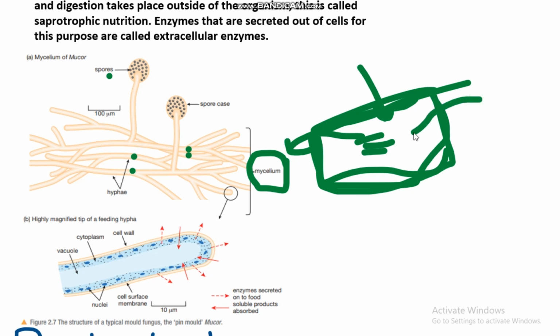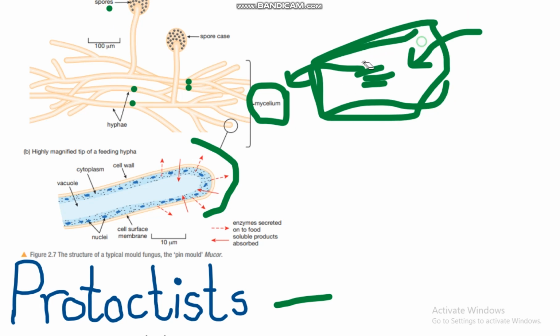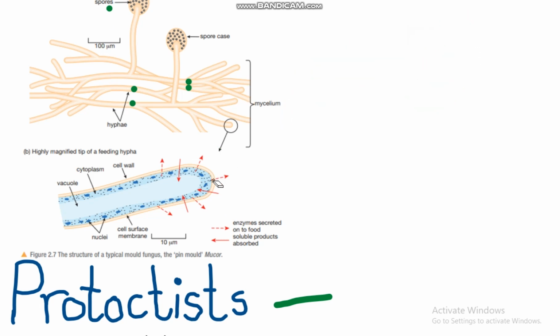As the food is broken down by the enzyme, they absorb the soluble food, making it easier for them to feed.